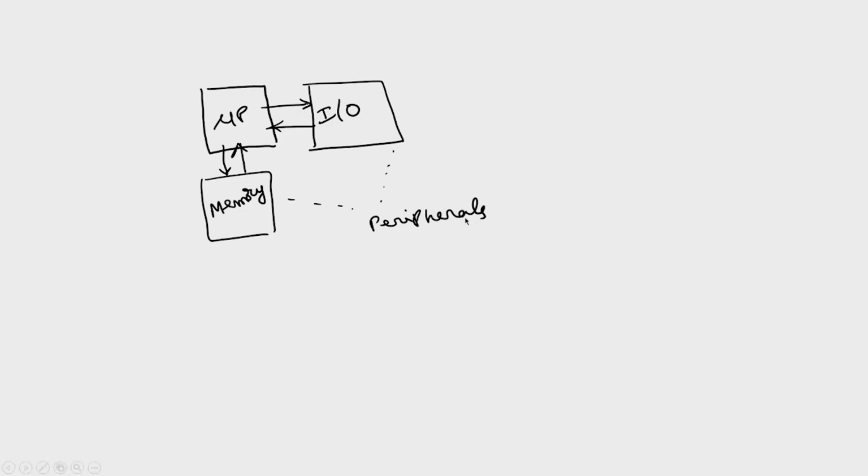Without this memory and I/O, the microprocessor cannot perform any function. That is, you have to connect memory to the microprocessor. The technical word used to connect memory to the microprocessor is called interfacing. So, how to interface the memory to the microprocessor, how to interface I/O to the microprocessor, this also we are going to study in this course.